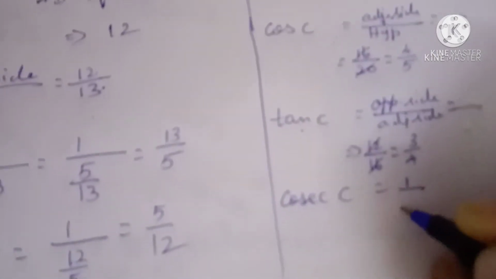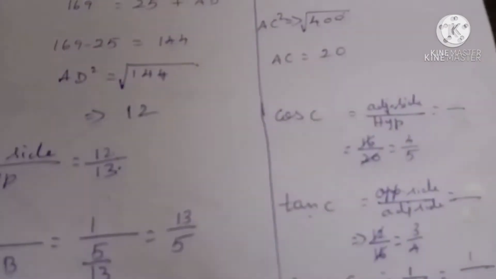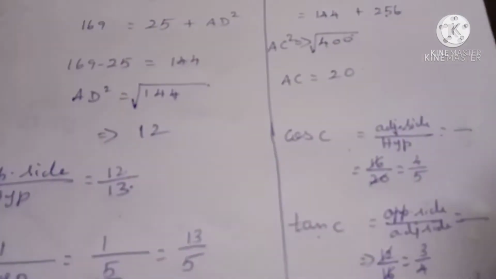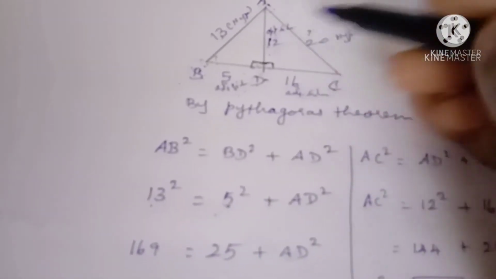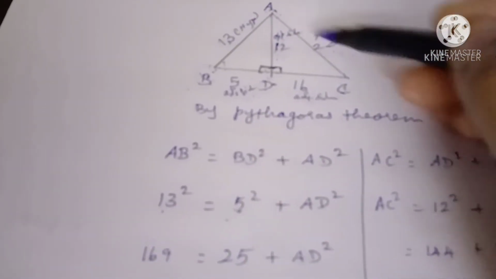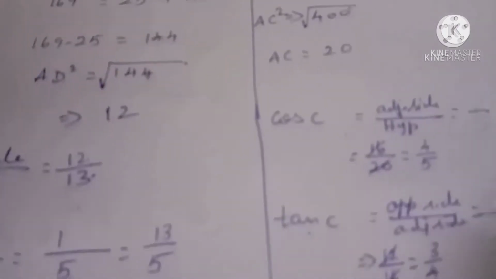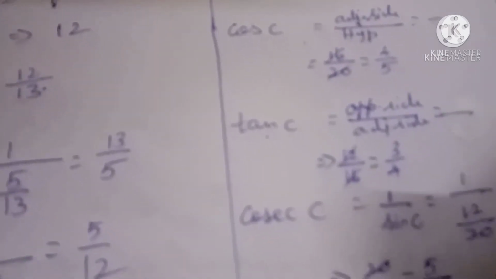Therefore 1 by sin C. Sin C is opposite side by hypotenuse, which is 12 by 20. Therefore 1 by 12 by 20. The reciprocal of 12 by 20 is 20 by 12. Divisible by the 4 table: 4 5s are 20, 4 3s are 12.